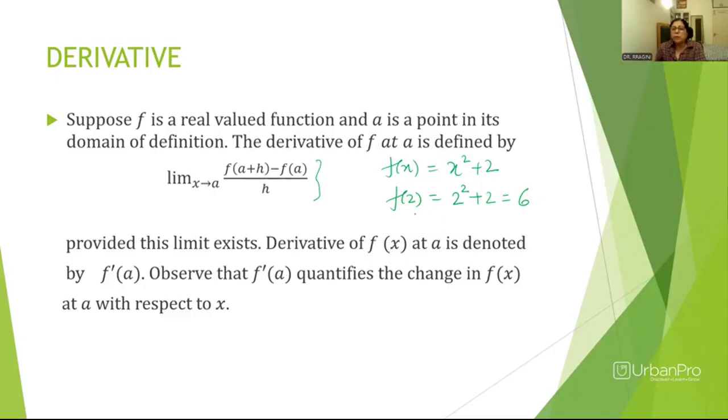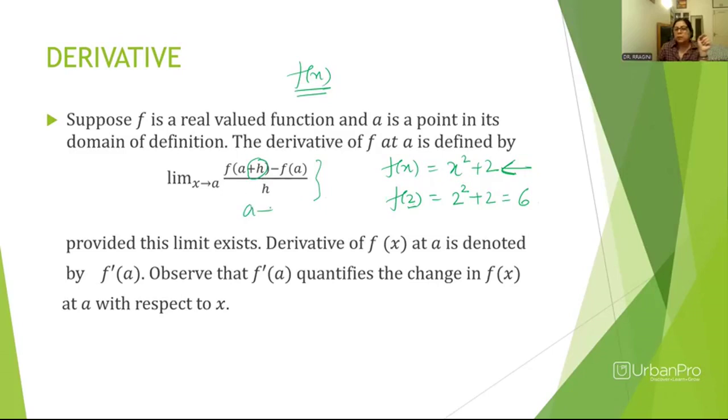Now what if we bring a little bit of change? This plus h is nothing but a small change in the value of the variable. See, this is a plus h. A is a particular point. f(x) is a function in terms of x, which is a general function, like this one. I have taken the value at a particular point, 2.